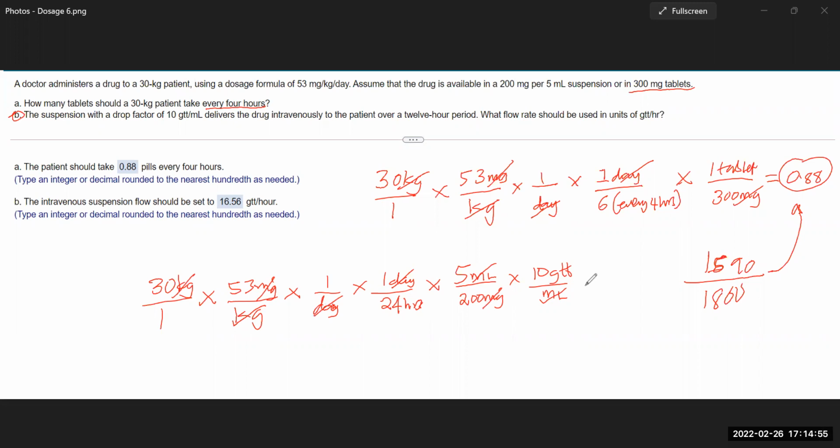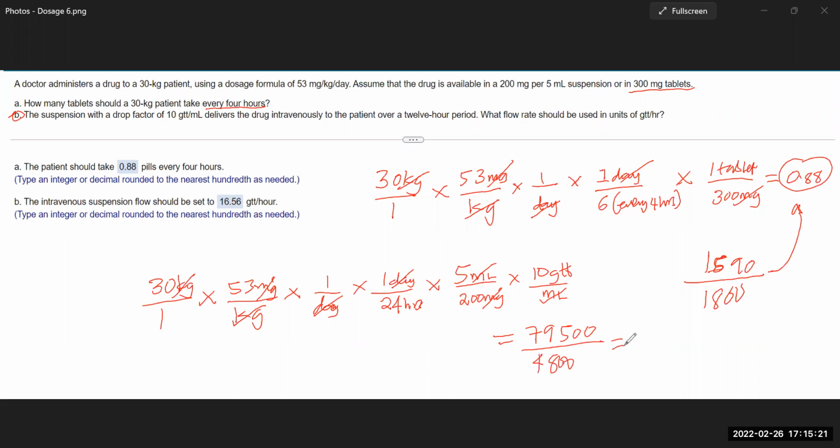I'm going to do an equal sign right here. This should give you 79,500. And now you're going to divide by 24 times 200, which gives you 4,800.